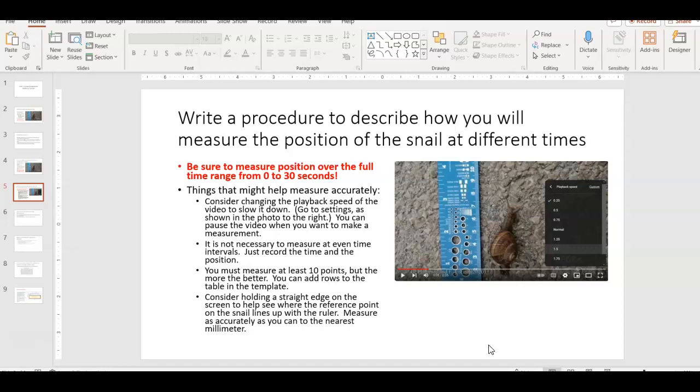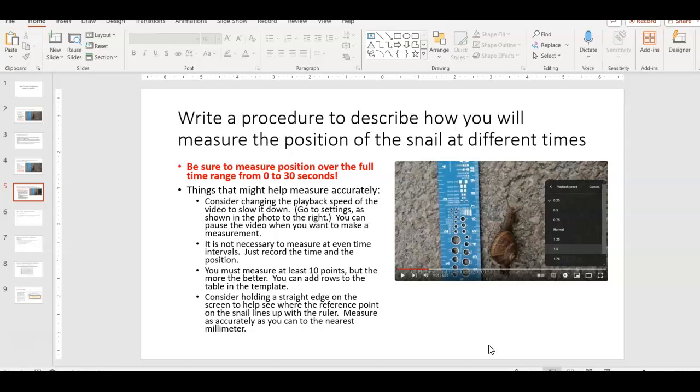Now I know that the table I gave you in the template for this assignment has 10 or 12 rows. You can certainly collect more data than that. In fact, more data is better, but if you collect the first 10 data points over the first 10 or 11 seconds, that's not good enough. You have to have data over the full time range, all the way out to 30 seconds.